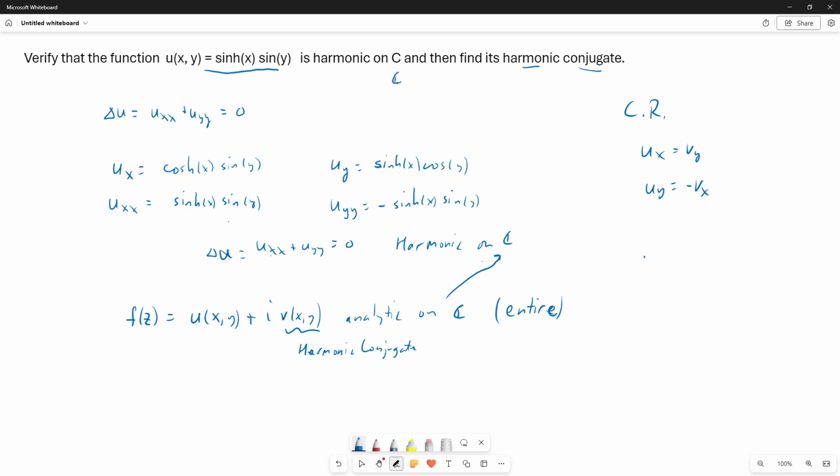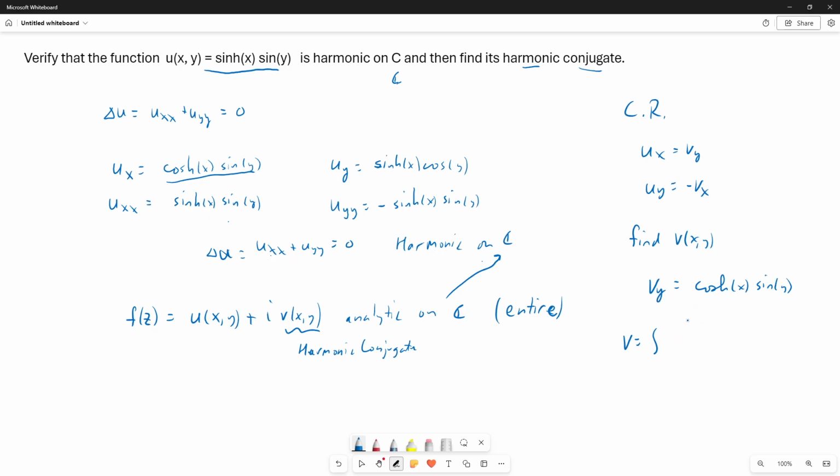So we want to find v of x, y. And what we know is that v sub y is equal to u sub x, which we calculated here. So v sub y is equal to the hyperbolic cosine of x times the sine of y. That was the derivative with respect to y.